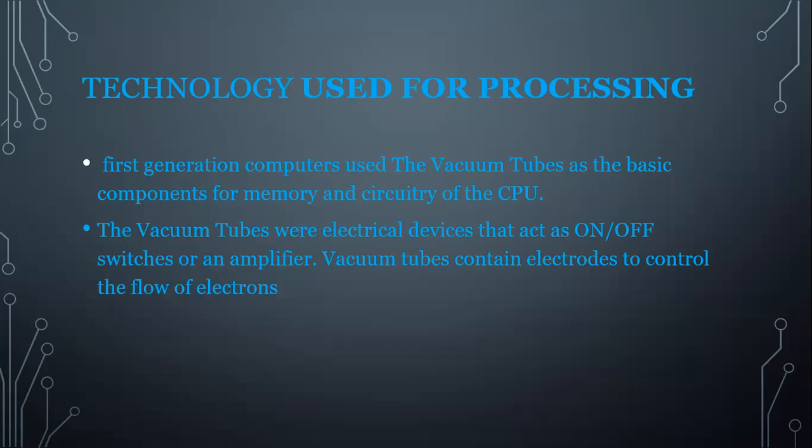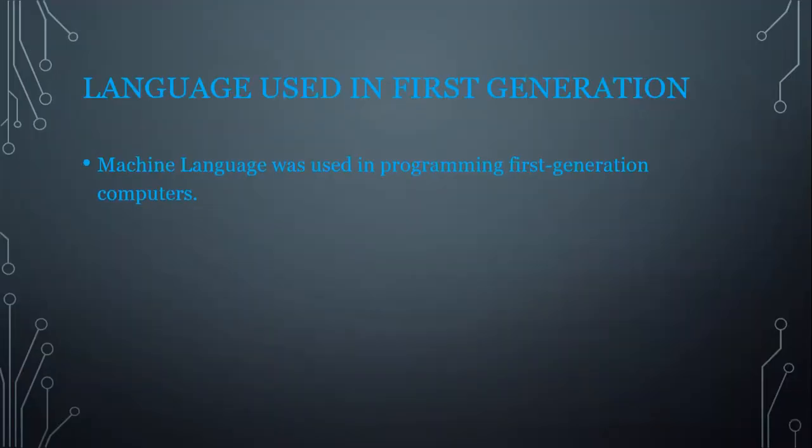The vacuum tubes were electrical devices that act as on and off switches or as amplifiers. Vacuum tubes contain electrodes to control the flow of electrons. The first generation of computers used machine language.